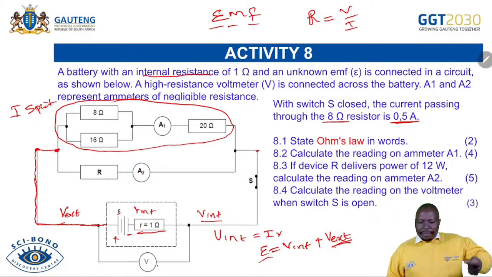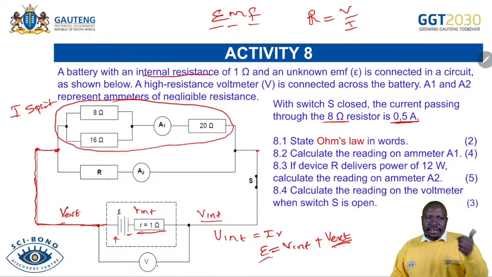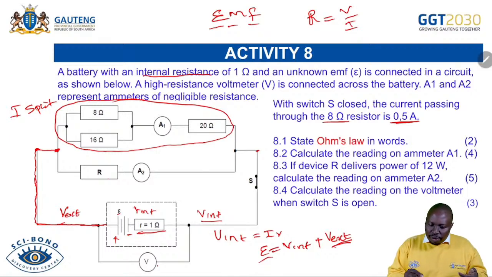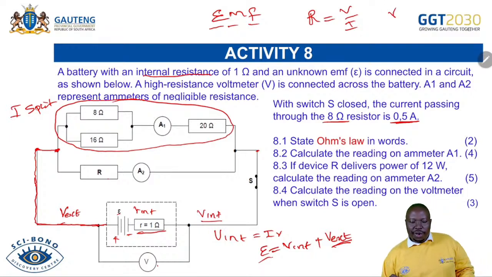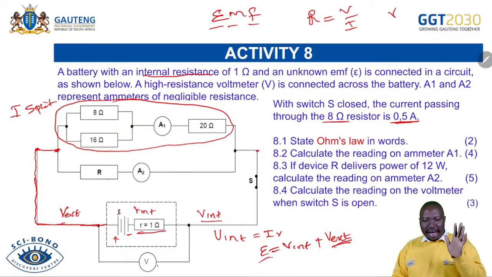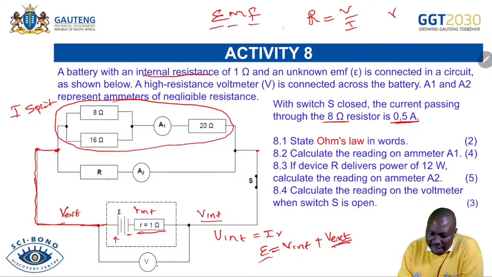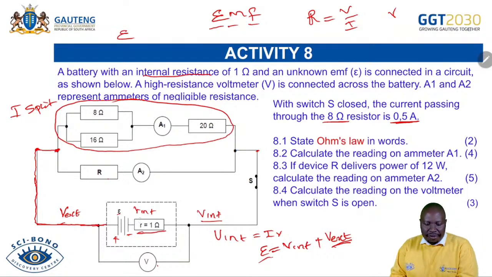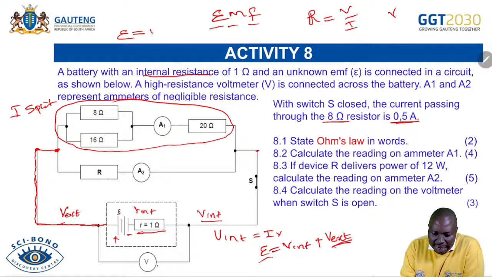But now our problem has been at least a little bit increased, because we've included another variable, which is small r. So instead of having 4 variables, we now have 5 variables: the EMF, because we're told that we have the EMF, the current, R external and R internal.